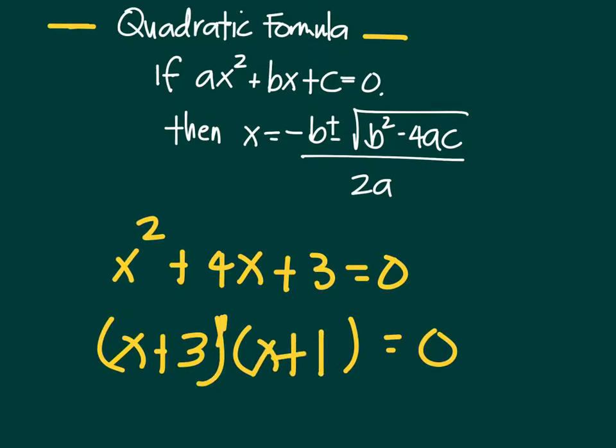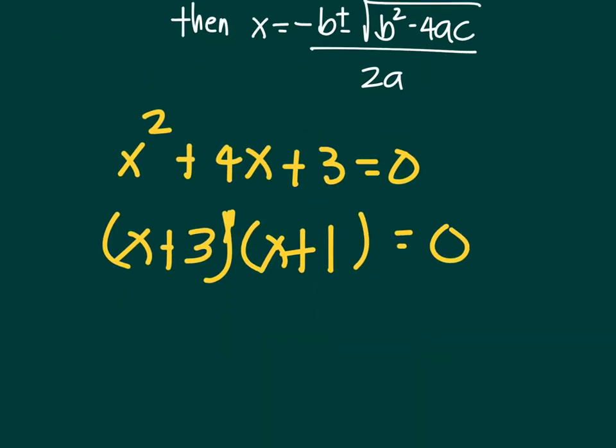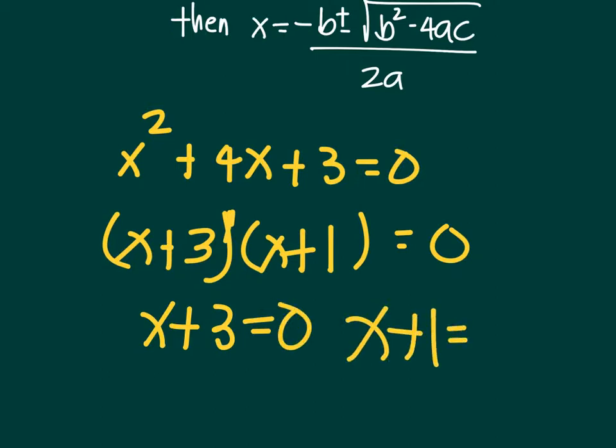Then you check if the factors are correct, and if so, all you have to do is equate the factors to 0. x plus 3 equals 0 and x plus 1 equals 0, so x is negative 3 and negative 1. So that's how you solve a quadratic equation.